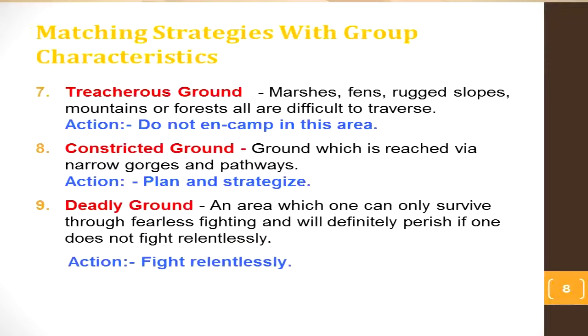This ground will be difficult for the army to move in as there are heavily forested marshes, fens, rock slopes, and mountains. So, what's the action if you're in this ground? It is advisable not to camp in this ground.